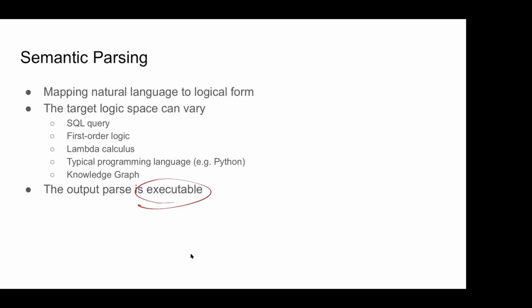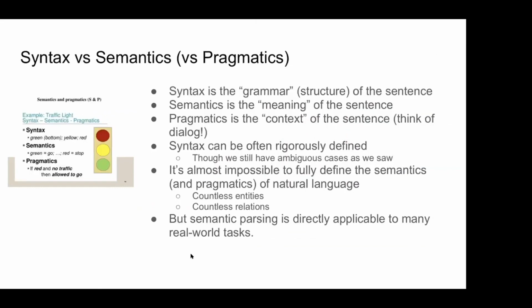In that case, you want to be able to map the natural language to the logical form so that the machine can execute it. So I'll give you a few examples, but let's first compare what the differences are between syntax and semantics.